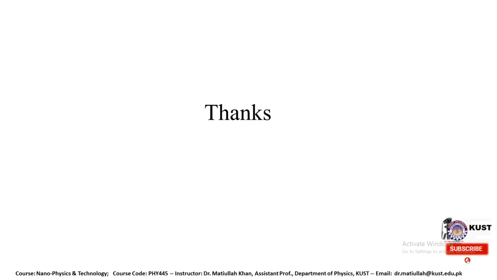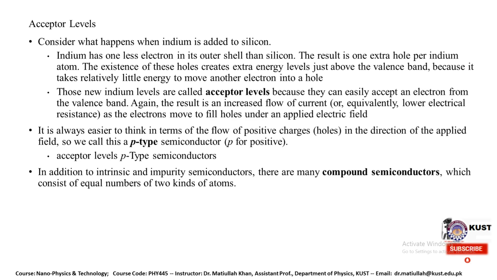So this is about conductors, insulators and semiconductors and the band theory of solids. In the next class we will discuss the relationship between the band structure of the material and the optical properties of semiconductor material. Thank you very much.